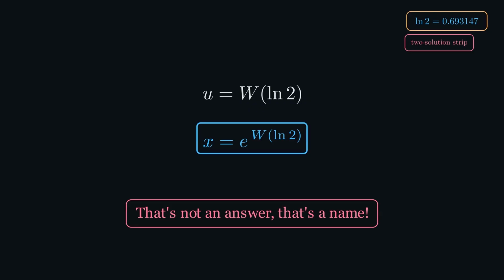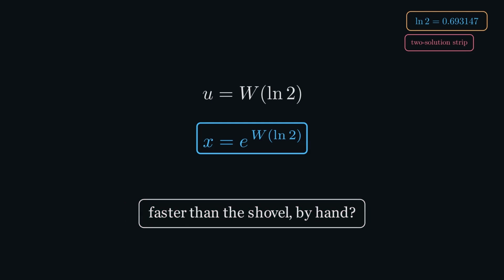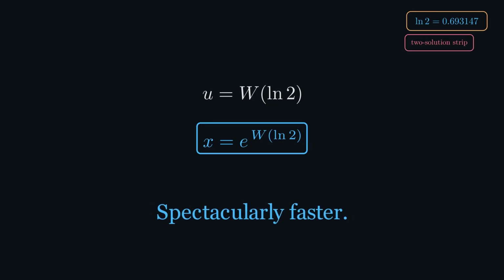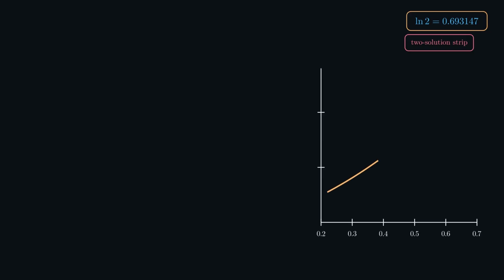Can this new function be computed, by hand, faster than my old spoonful-at-a-time shovel? Oh yes, spectacularly faster. The method is Newton's, and the idea is pure geometry. I want the w where the curve w e to the w crosses height 0.693147.